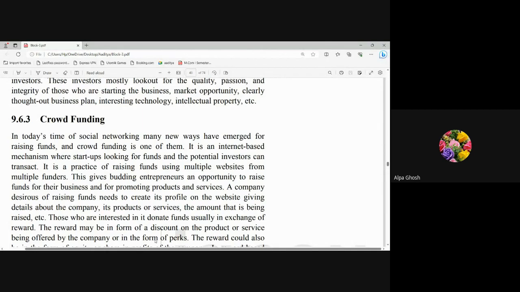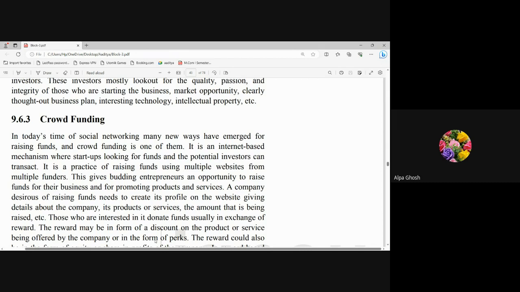The next is crowdfunding. Crowdfunding is a very popular term nowadays. Crowdfunding means that it is a funding process through social networking. It is mostly internet based, where the startups are looking for funds to be invested by potential investors.